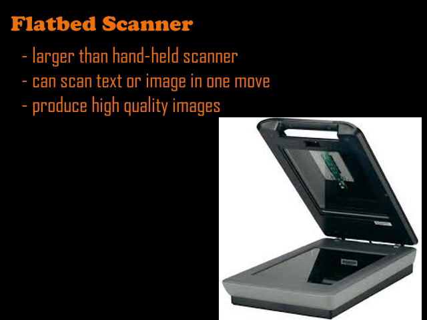Second type of scanner is flatbed scanner. It is larger than the handheld scanner. It scans the document, image or text in one moment. The document is placed on the flat glass surface and a light sensor moves over the document to scan it.